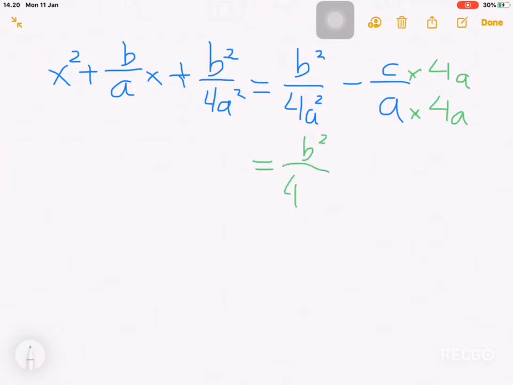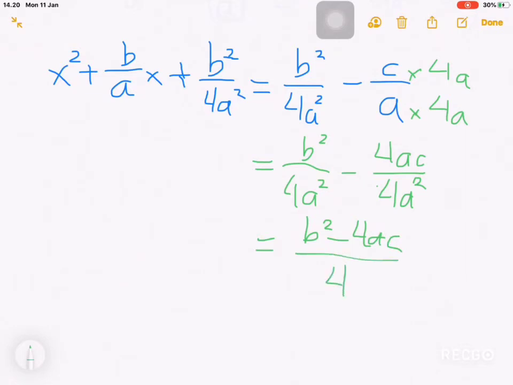I'll just rewrite the whole thing. This is minus this, 4a times a, which will become 4a squared, and this top will become 4ac. And notice we can just combine the fractions together to get b squared minus 4ac over 4a squared right there.